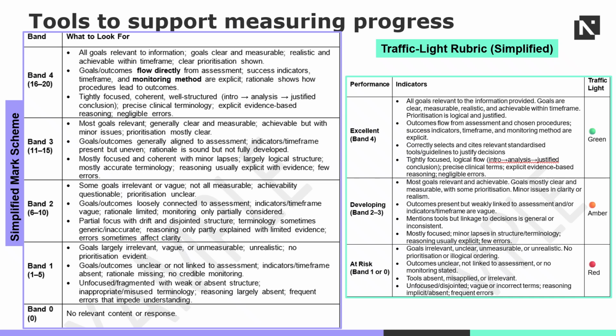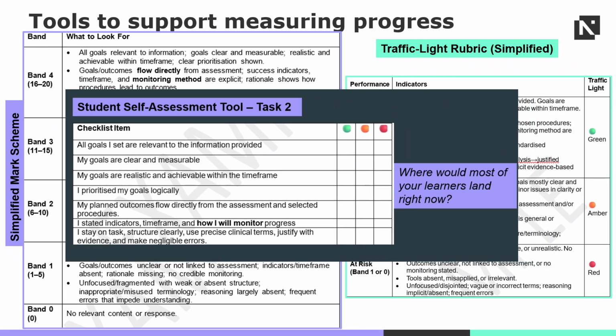Amber is sitting in those bands 2 and 3, so partial coverage, some relevance, and then red, band 1 or 0, flags the absence of these elements, which are vague or unrealistic. And finally, again, we have a student self-assessment checklist that reflects those traffic light rubrics up to the banding criteria, and that allows the students in a more directed way to understand whether or not they've met the criteria successfully.